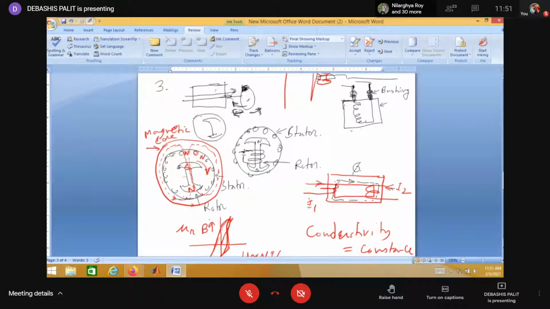For this flux creation, some amount of apparent power is taken. So an AC supply is there, and some amount of apparent power, that is V into I, is there. That is the input power, and it has two components: VI cos phi and VI sin phi.